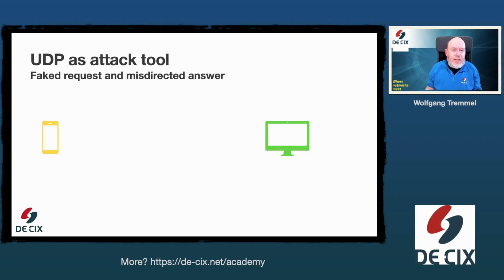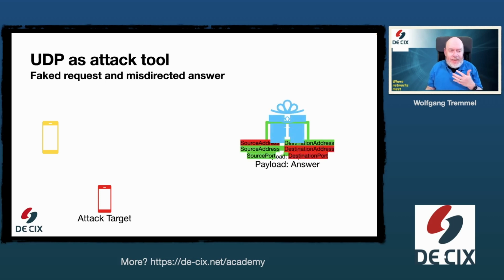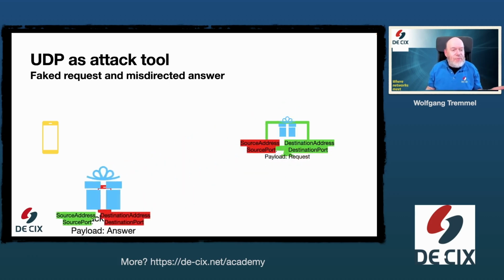So the attack scenario now looks like this: a sender sends a UDP request with a faked source address, and the receiver sends the answer back to the attack target, to the system which has the destination address of the faked source address. Well, you can see it with the colors.